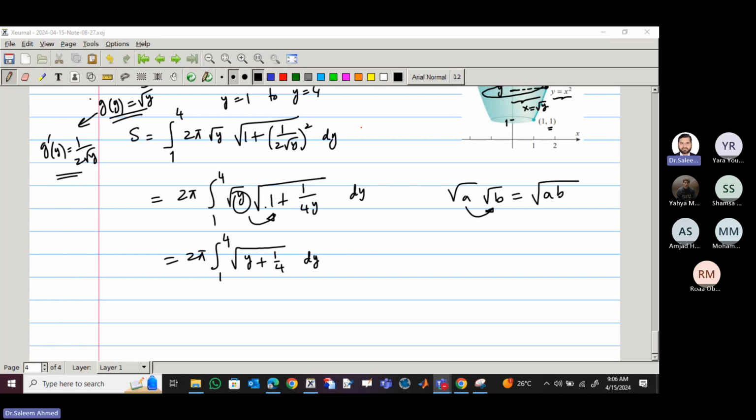So y into 1 is y, and when y multiplies with this one over 4y, y and y will cancel. So you got just 1 by 4.